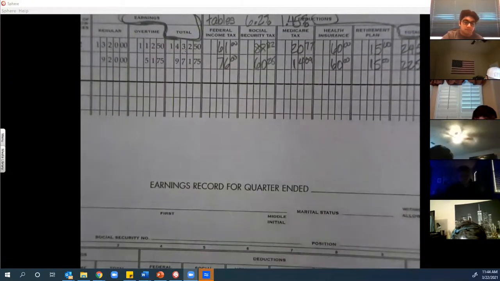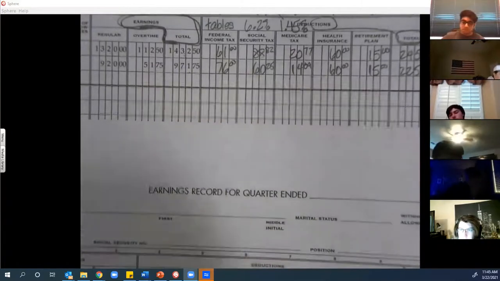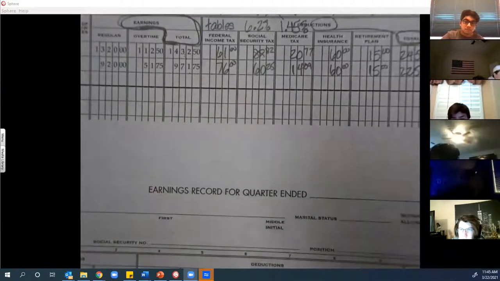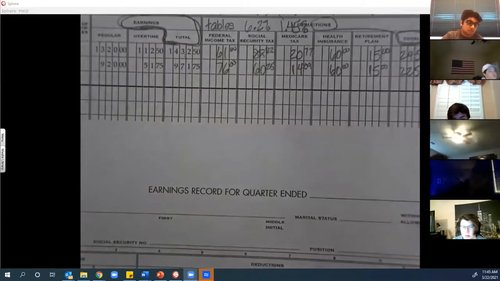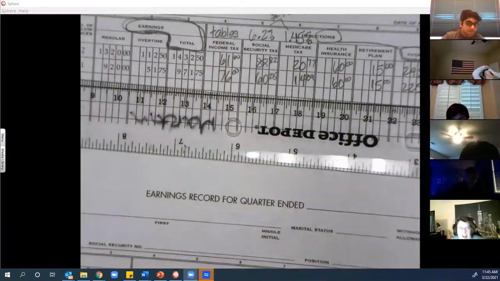Okay, so in this little example, we just have the 2 employees. And now we're going to total it up, because we need to know the totals to be able to write checks and to journalize all of our entries.